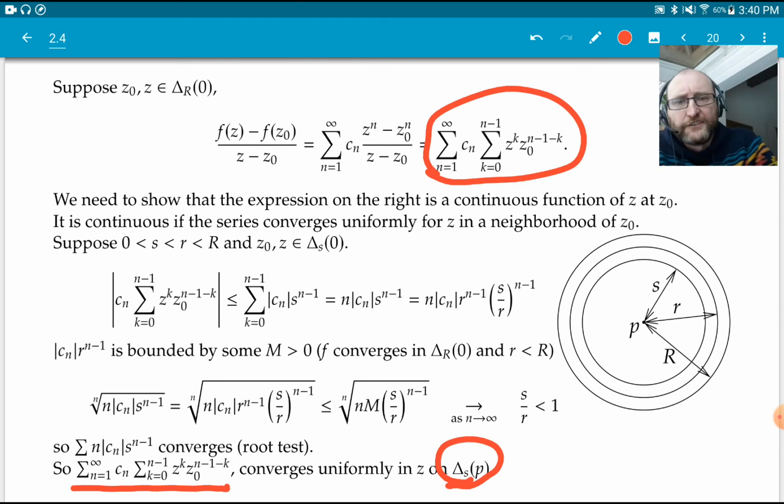Because this thing over here converges, and there is no z in there. It was for all z that are in this S disk.